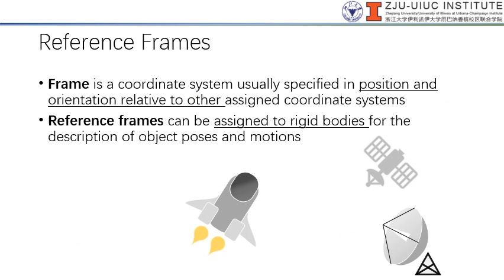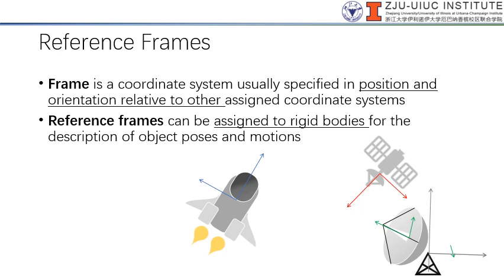Okay, so we give a formal definition. Wanting to recap about this, a reference frame can be assigned to rigid bodies. Okay, so these are really a coordinate system that helps to specify the position and orientation relative to one another.